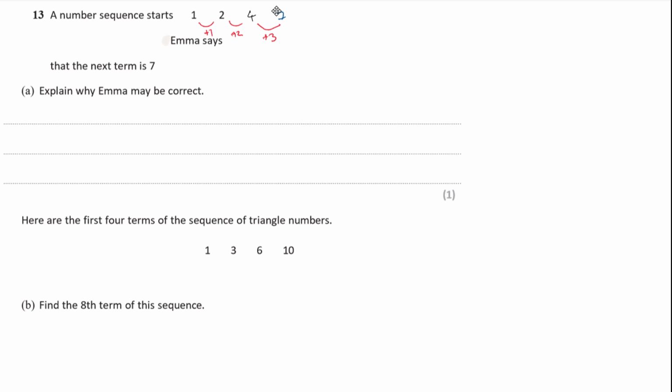I'm just going to say the difference could be increasing by 1 each time. Okay, I think that's clear enough because I've also demonstrated above on the diagram that it goes 1, 2, 4, 7.